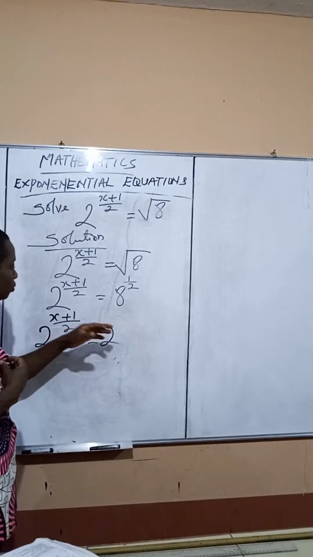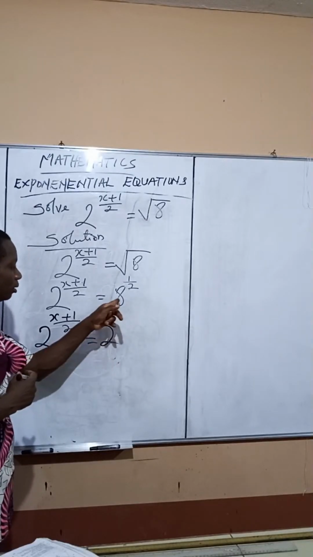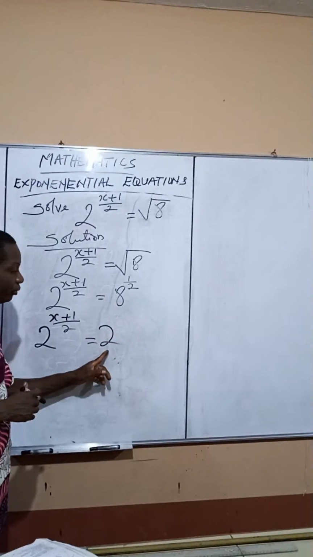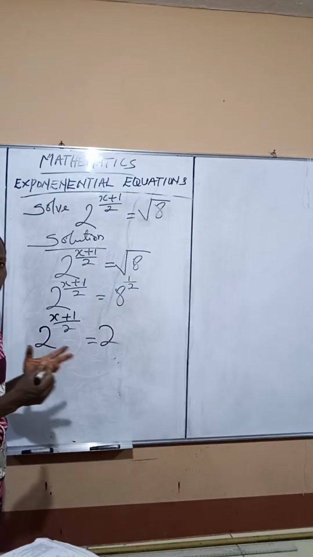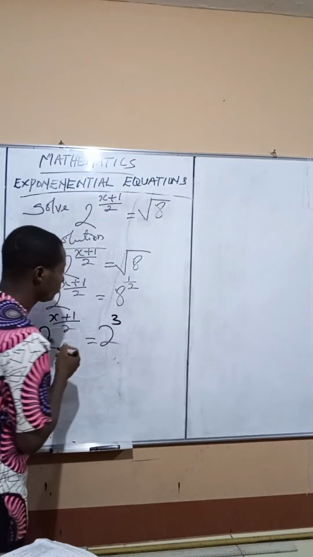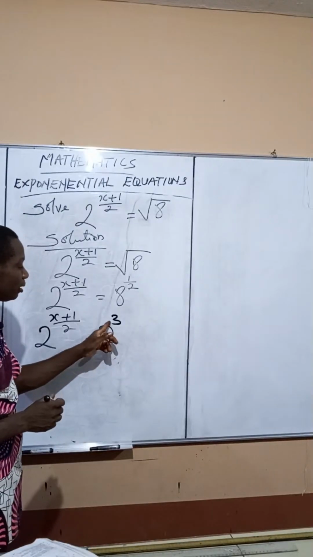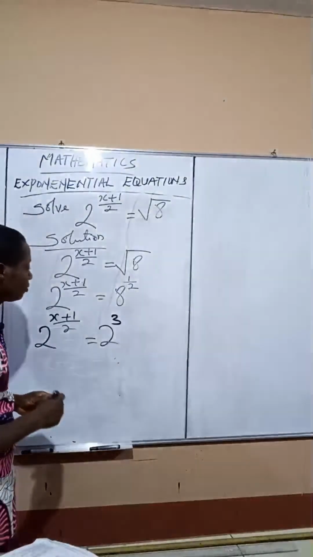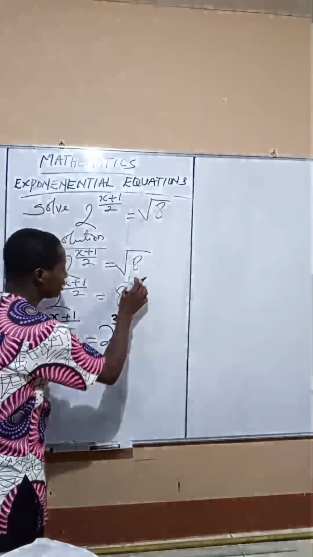Now how do I make 2 to be here? This is 8. So what will be the exponent of 2 to give us 8? We have said it before. The answer is 3. 2 raised by 3 will give us 8. And that is times this half.